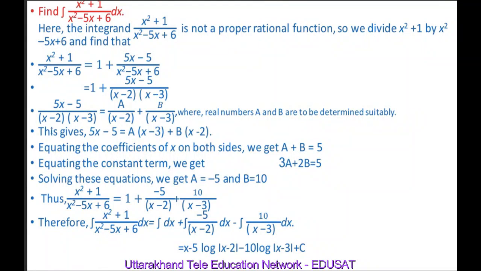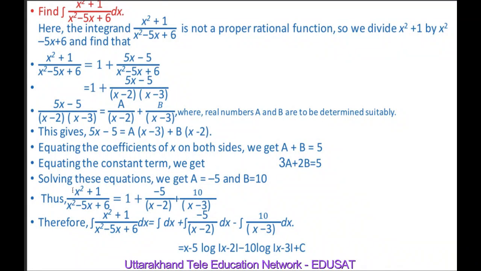So it means you can write x square plus 1 upon x square minus 5x plus c equal to 1 plus this fraction, and this fraction is equal to a upon x minus 2 plus b upon x minus 3. So a here is -5 upon x minus 2, b here is 10 upon x minus 3.